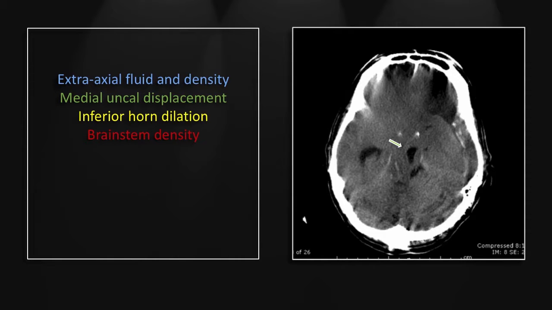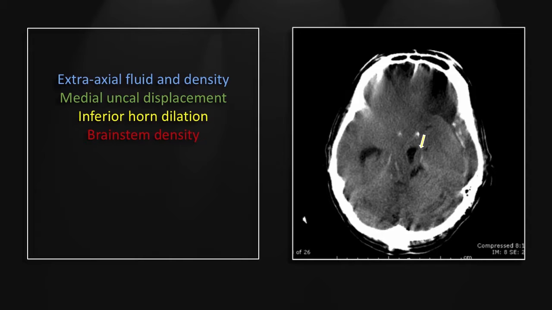There is significant mass effect and medial displacement and herniation of the uncus, which you see the tip of here. Both inferior horns are dilated, but for different reasons. The right inferior horn is dilated but contiguous with the remainder of the right lateral ventricle. That is related to the rightward shift of midline structures.